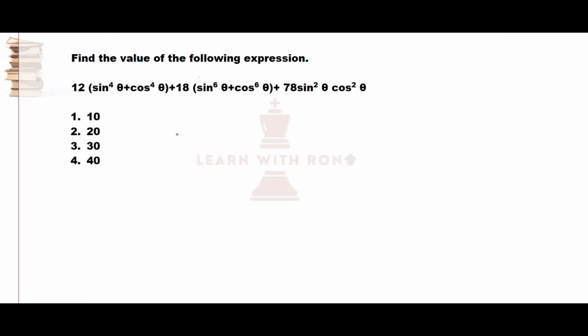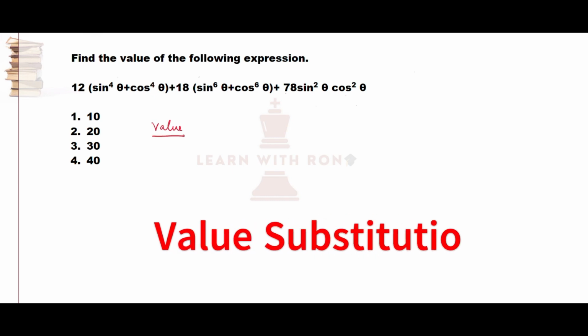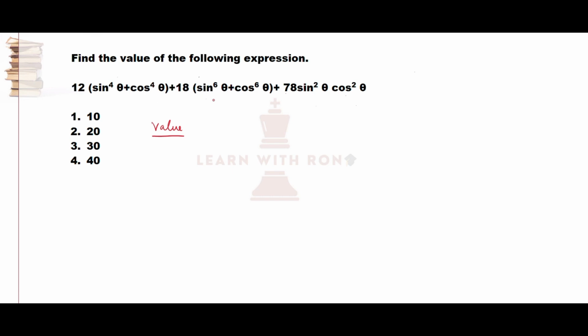See this trigonometric question. Like always, first let us solve by value substitution method. See here, the entire expression is in the form of sin theta cos theta, right? So we can take theta value either 0 degrees or 90 degrees. So if I take 0 degrees as theta value, the expression becomes 12 times sin 0 degrees 0, cos 0 degrees value 1.